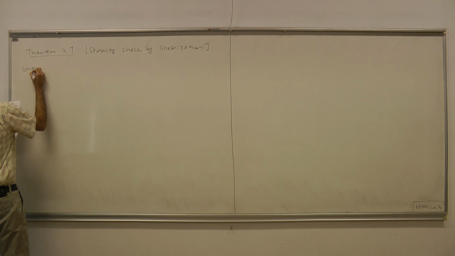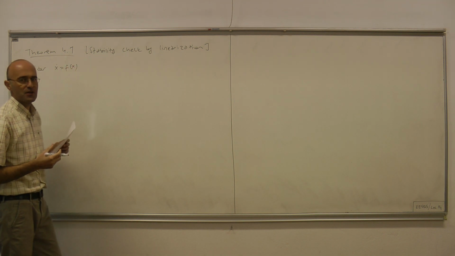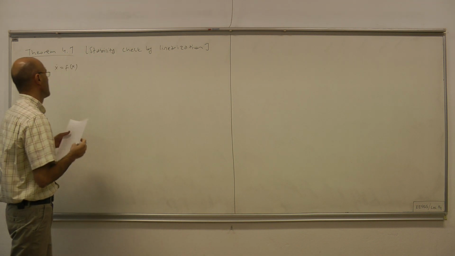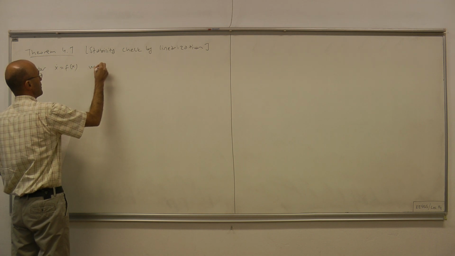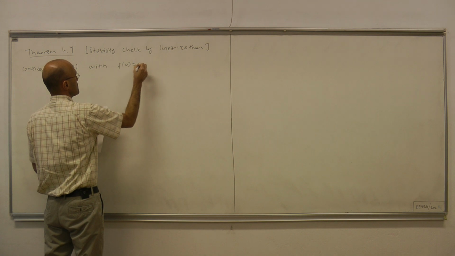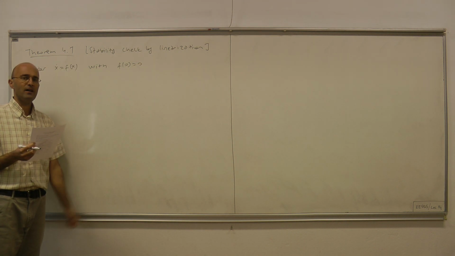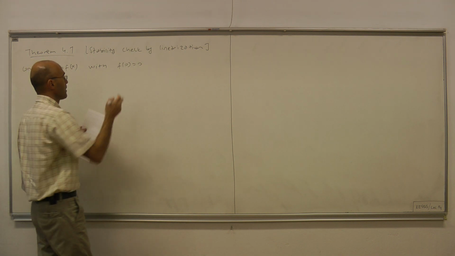So consider the autonomous system x dot equals f of x, and suppose that the origin is an equilibrium point with f(0) equals 0. So x is in Rn, so f is a mapping from Rn to Rn.